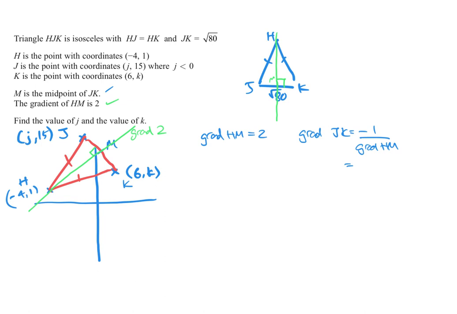That's because when you have two lines that cross perpendicularly, the relationship between the gradients is m1 equals minus 1 over m2. It's the negative reciprocal. So the gradient of JK is minus 1 over 2.